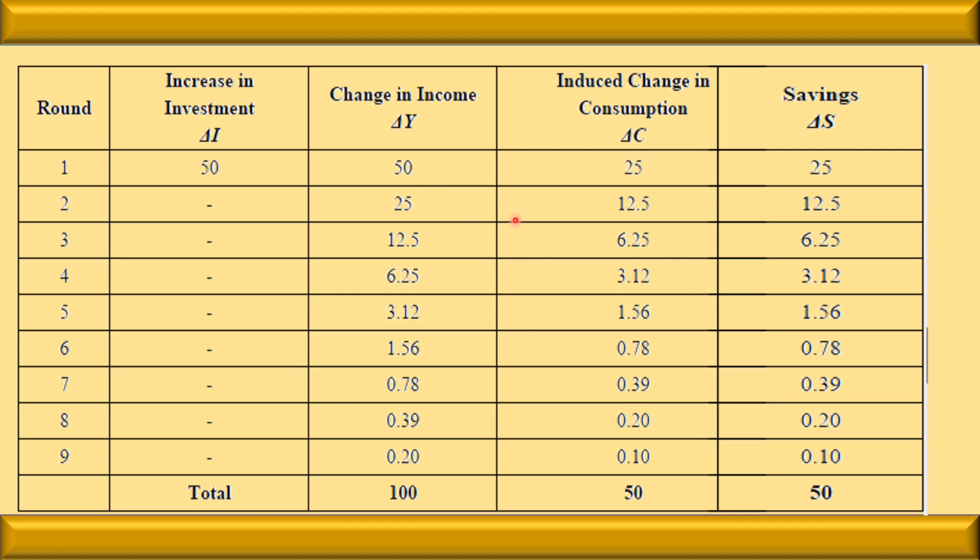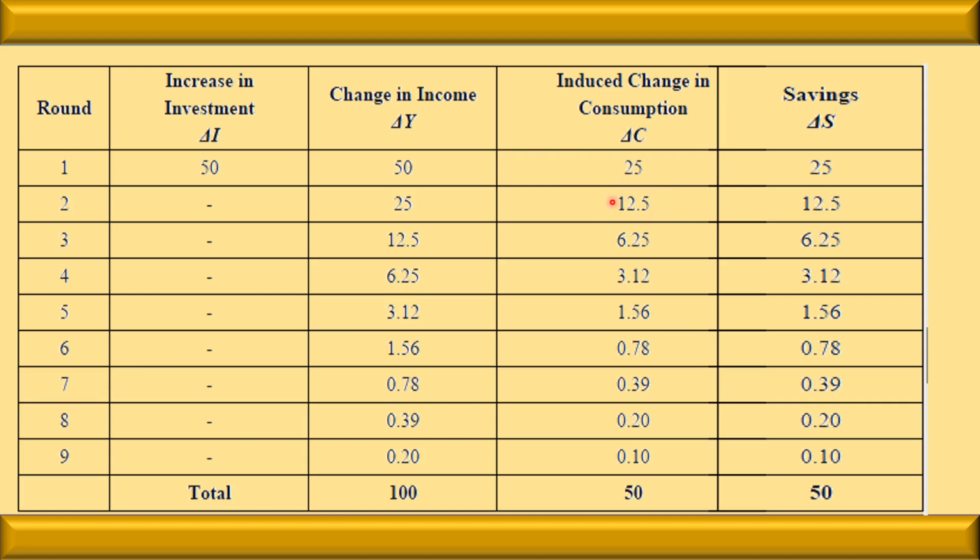The same thing continues. The workers of the TV industry will save 50% and consume 50%. Suppose they consume 50%, that is 12.5 crore, on the consumption of cloth.